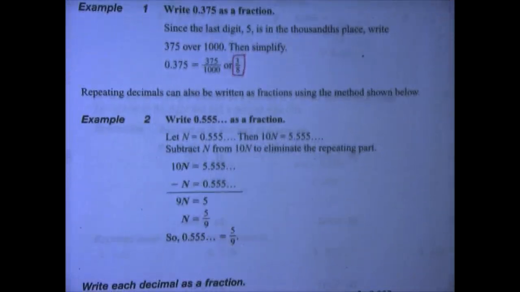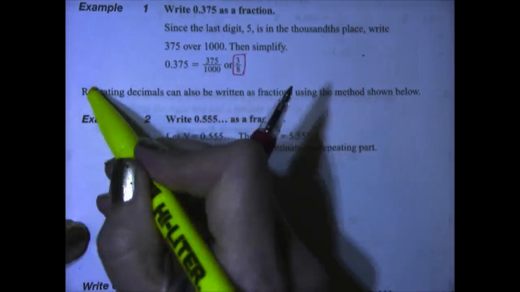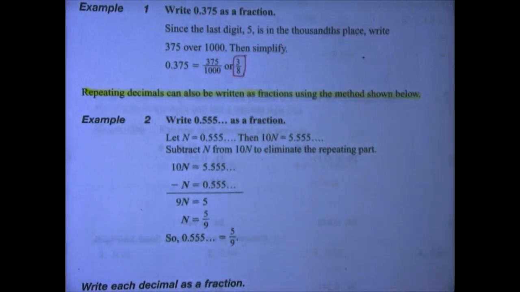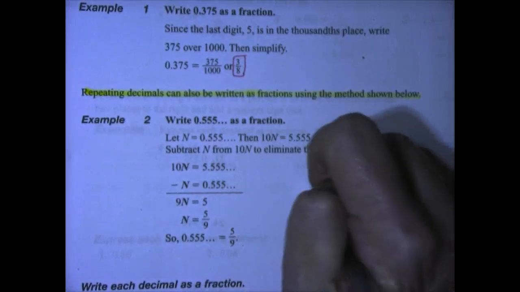Now, if you remember back, we also talked about repeating decimals and how we can write repeating decimals as fractions using a very difficult method. I showed you that method way back at the beginning of school when we first started chapter 1. So we said that we could go through this whole process, or we could use a shortcut.